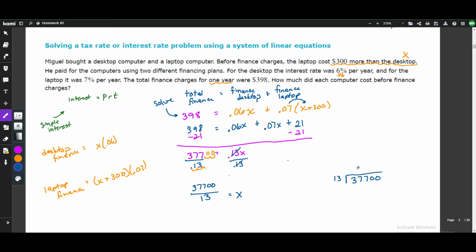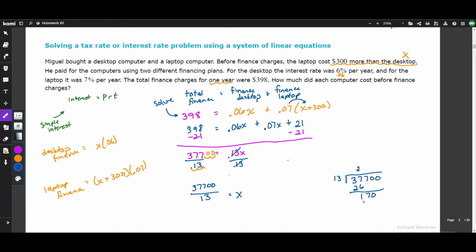This will be 2, so we'll go 26. And we get a 1, 7. So actually I should have done more.